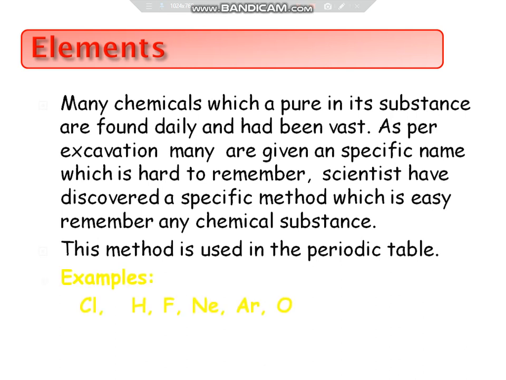Some of them are Cl, H, F, Ne, Ar, O, etc. There are many more, for example Na, K, Rb, Mg, Ca, Ra, many of them like that. So Cl means chlorine, H means hydrogen, F means fluorine, Ne means neon, Ar means argon, and O is oxygen. So, hope you understood the lesson.